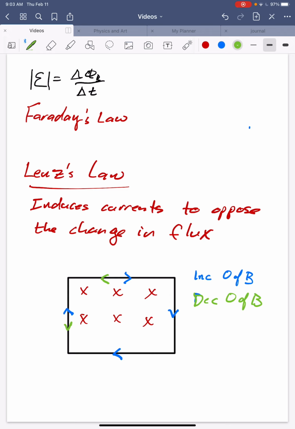So you can see how it can get a little bit complicated, because I not only need to know what direction the magnetic field is, but whether it's increasing in that direction or decreasing in that direction to determine if I'm inducing currents in a specific direction.